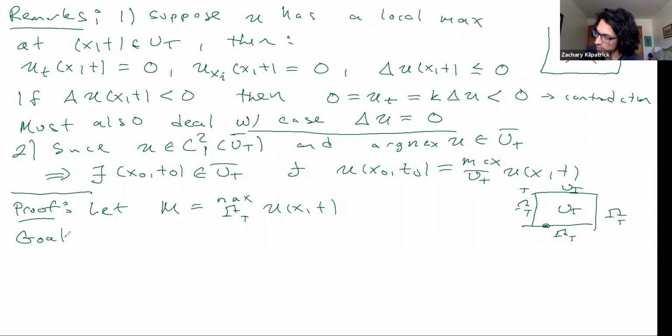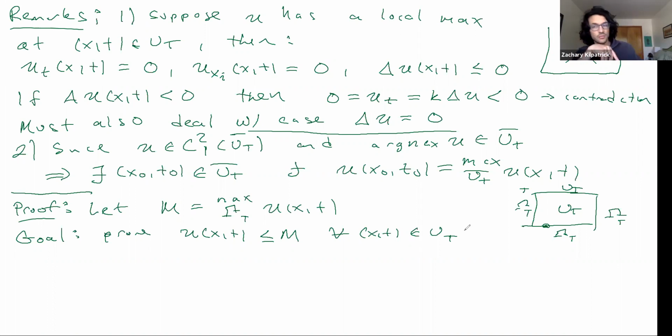So our goal then is to prove that u of x,t is less than or equal to M for basically any x or t that lives in U sub t, okay? The maximum principle says that the maximum of the closure is equal to the maximum on the boundary, right?